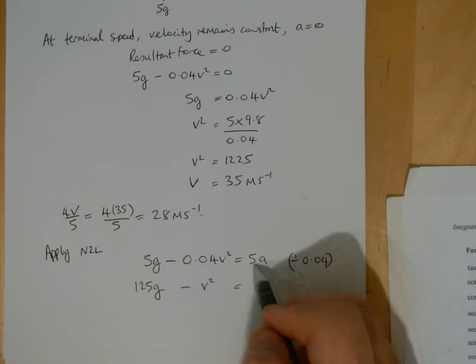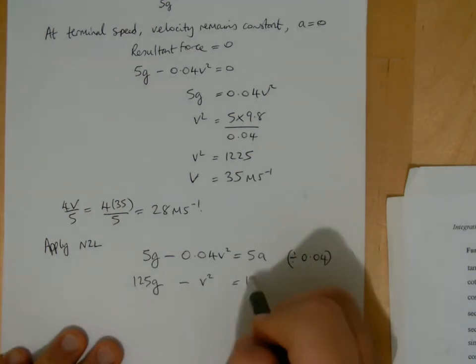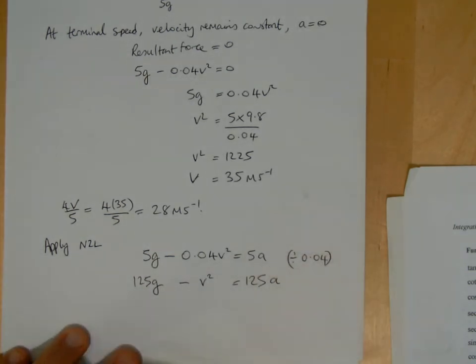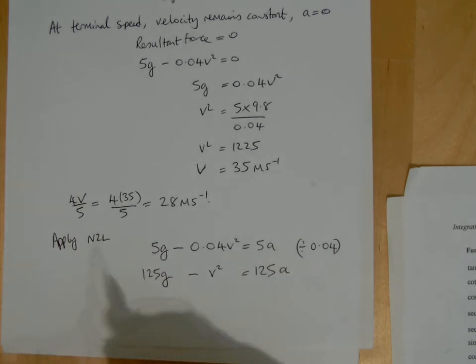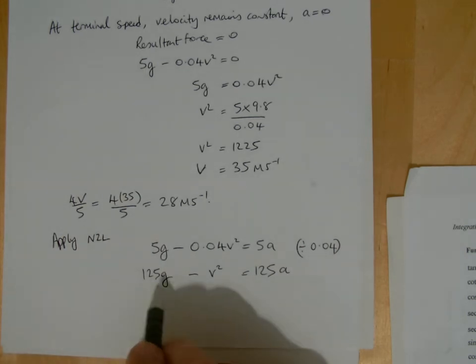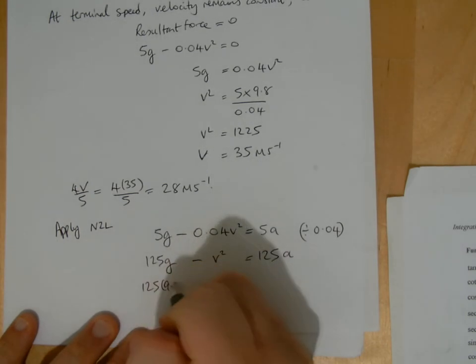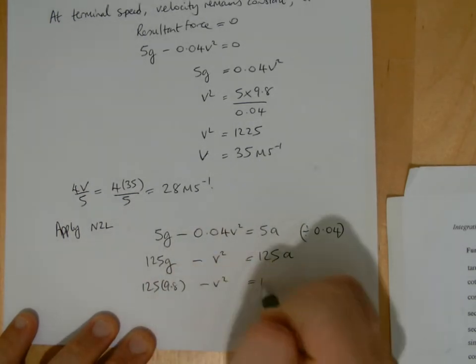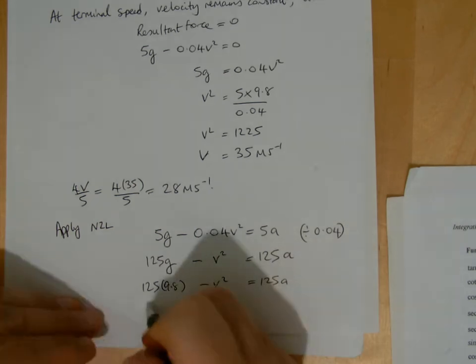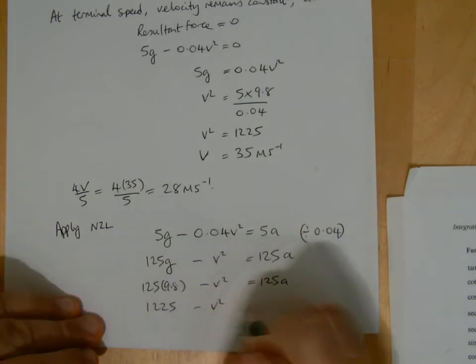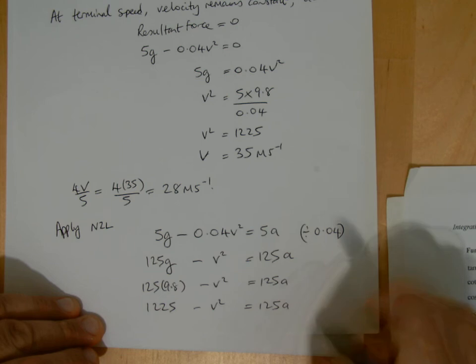And when I divide 5 by 0.04, I get 125 here as well. Put in the value of g, so 9.8, and that comes out to be 1225 minus v squared is 125a.